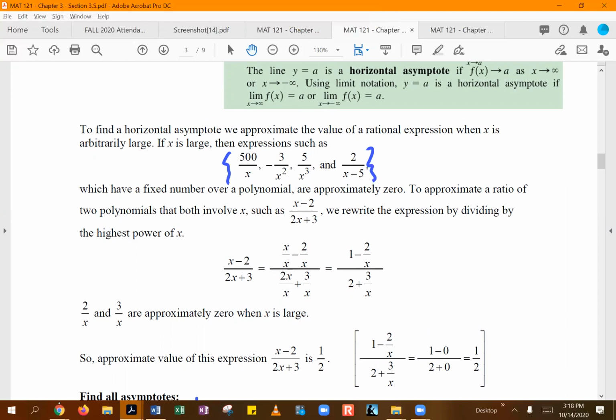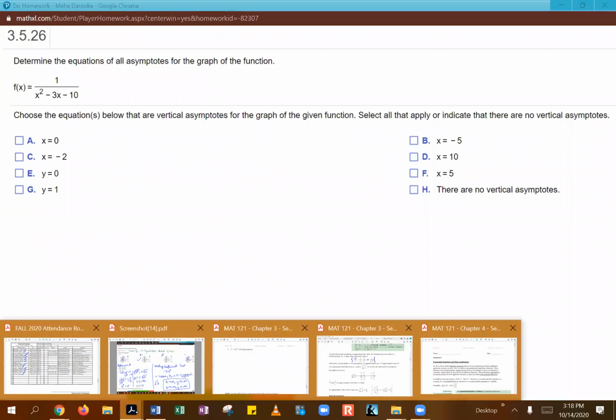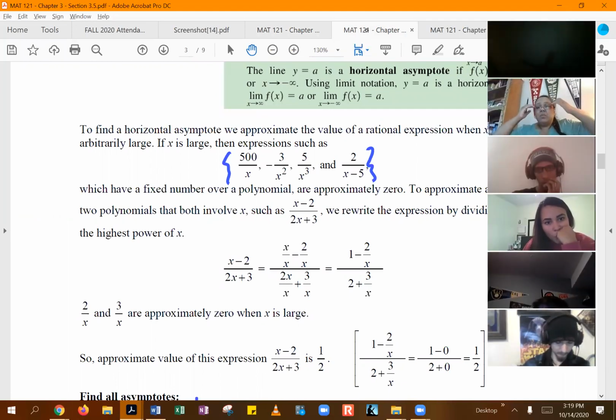The example we are looking at right now is of the same format: you have the number 1 on the top and then x squared and something else on the bottom. So what happens in this case? When we're talking about horizontal asymptotes, we're basically asking what your function is doing as x goes towards positive infinity or negative infinity. Where is your function headed?